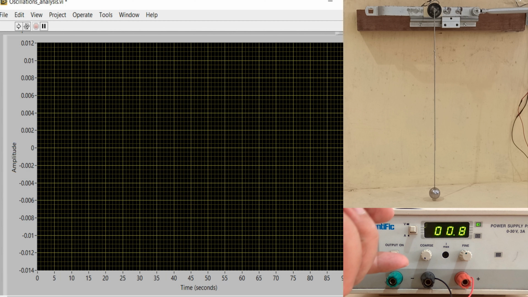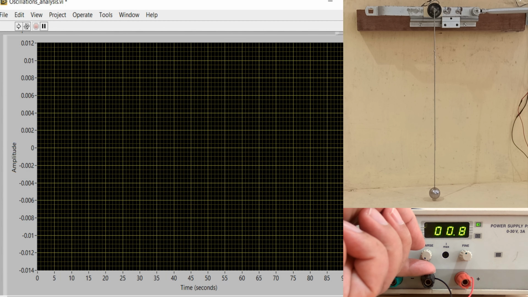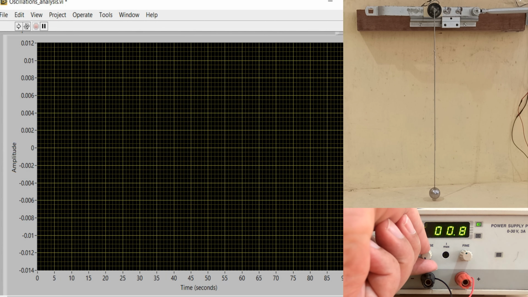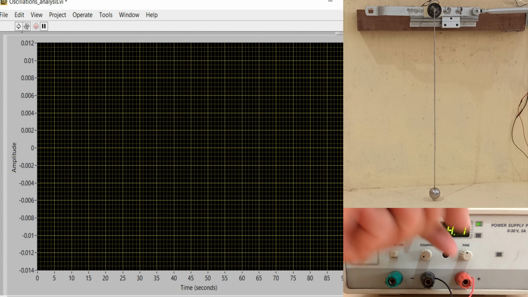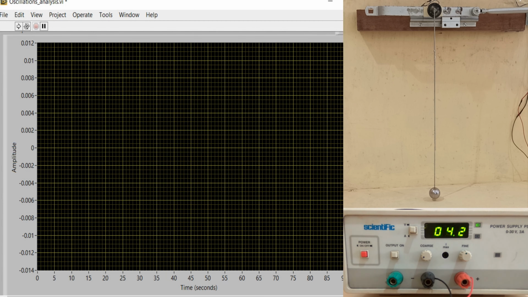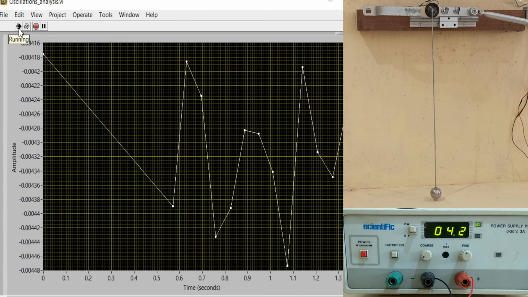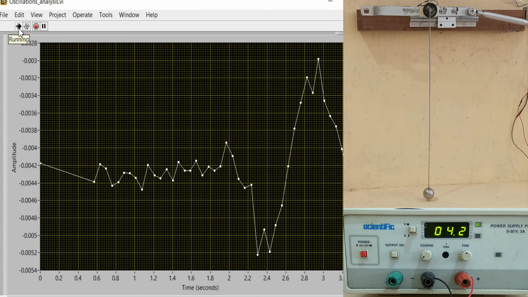Now we start with low voltage. Let us say I set it somewhere close to 4.1, 4.2. So that is the voltage. I start my program, and then I also start oscillations.